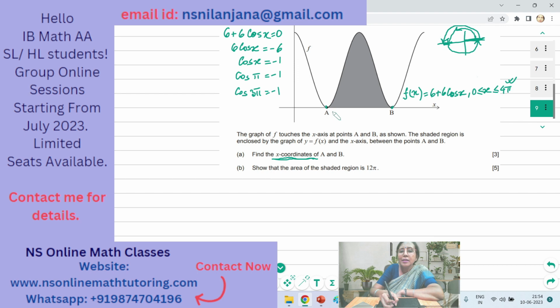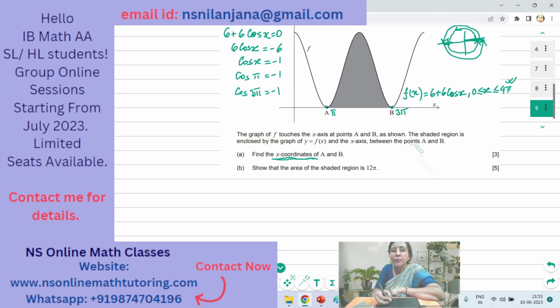So the x coordinate of point A will be pi, and for B it will be 3 pi, because after 3 pi it comes to this position and completes 4 pi. It will be stopping over here. It will not be moving for another revolution or another half revolution or quarter revolution.